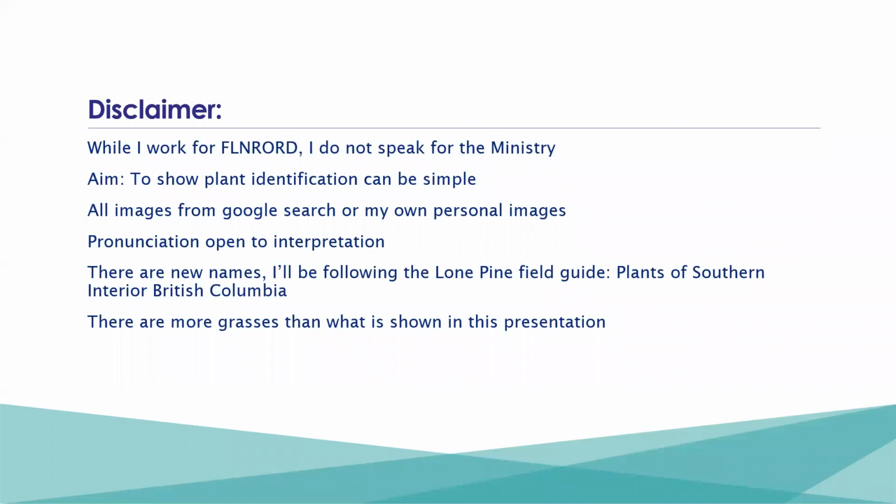All the images are either a Google search or they're my own personal image. And when we get to the genuses and the tribes, I'm going to be doing my best to pronounce the Latin names, but it is Latin, so if you pronounce it differently, that's fine. Just pronounce it however you can remember it. I've talked about which books I'm going to be using, so I think that's all the disclaimers.